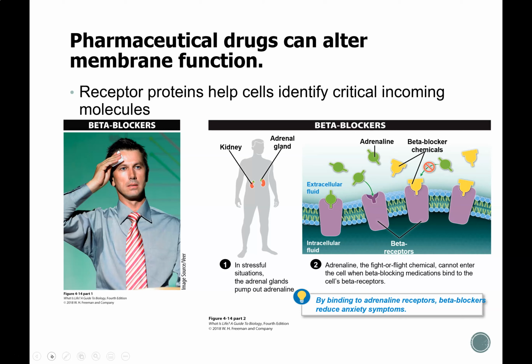So remember we said that there are receptor proteins that identify molecules and bring them into the cells. So an example here are beta blockers.